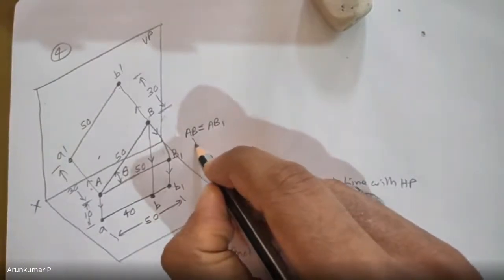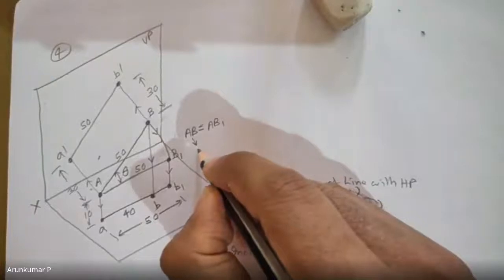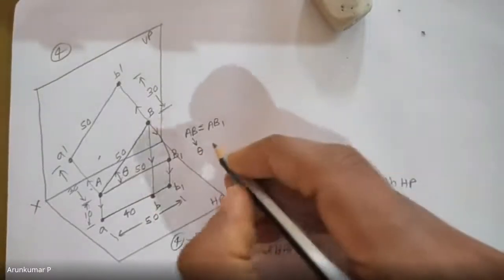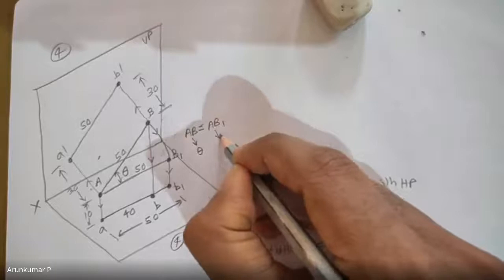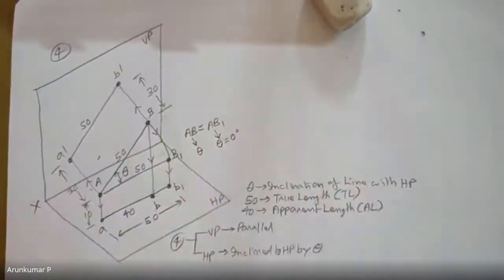See, the difference between AB and AB1 is AB is a line which is inclined at an angle theta, whereas AB1 is a line whose theta angle is 0. So AB1 is parallel to HP.